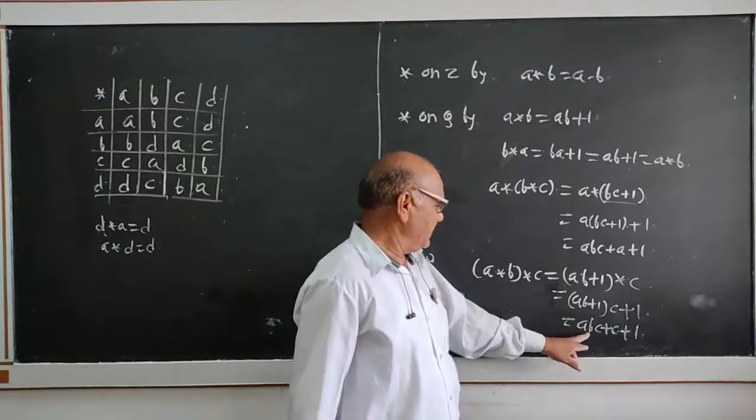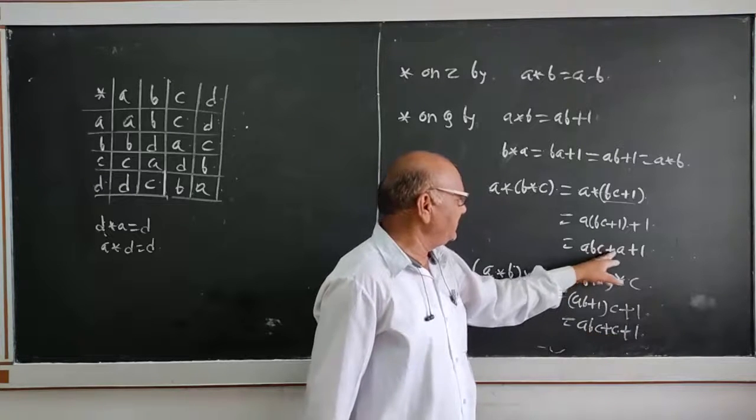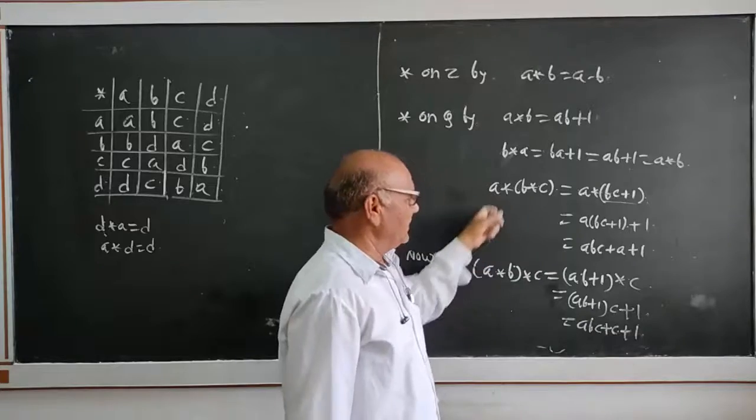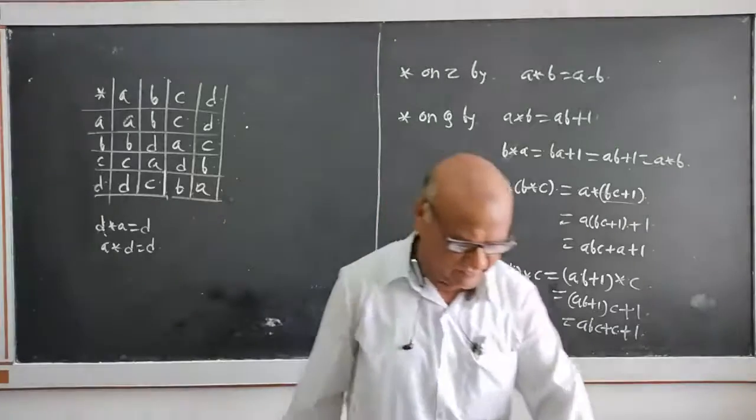Here ABC plus C plus 1, here ABC plus A plus 1, that means these two are not equal, and so this operation is not associative.